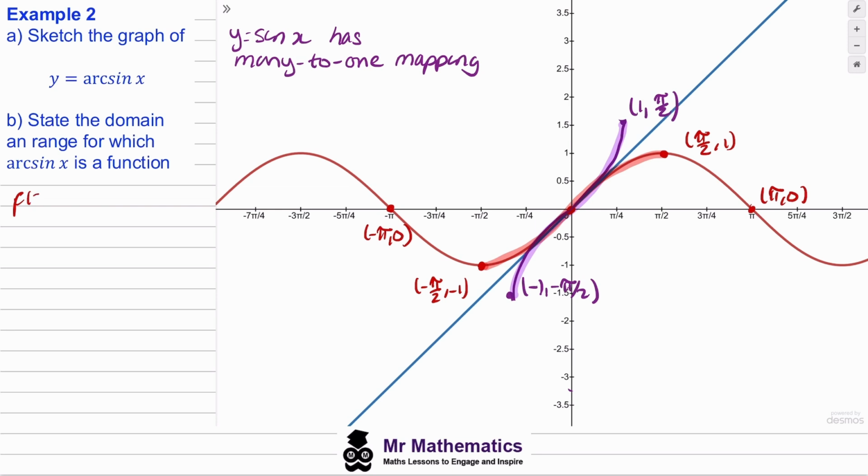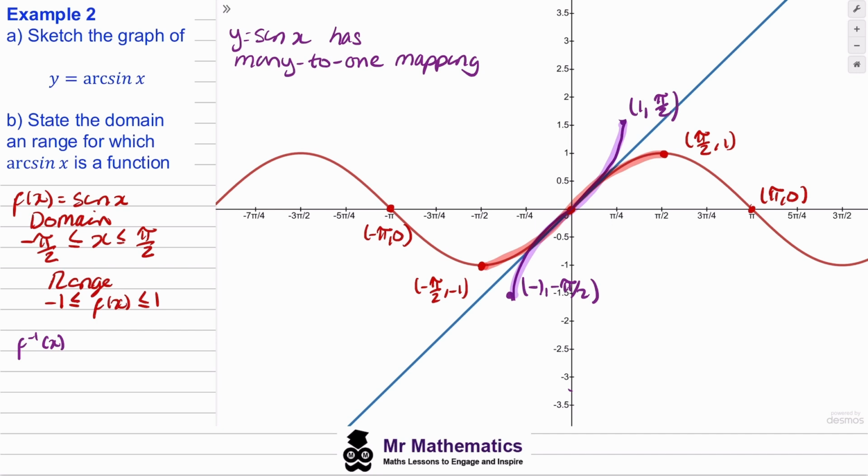So if f of x equals sine of x, then its domain is from -π/2 to +π/2, and its range, f of x, is less than or equal to +1, but greater than or equal to -1. And the inverse function of x is arcsine of x.